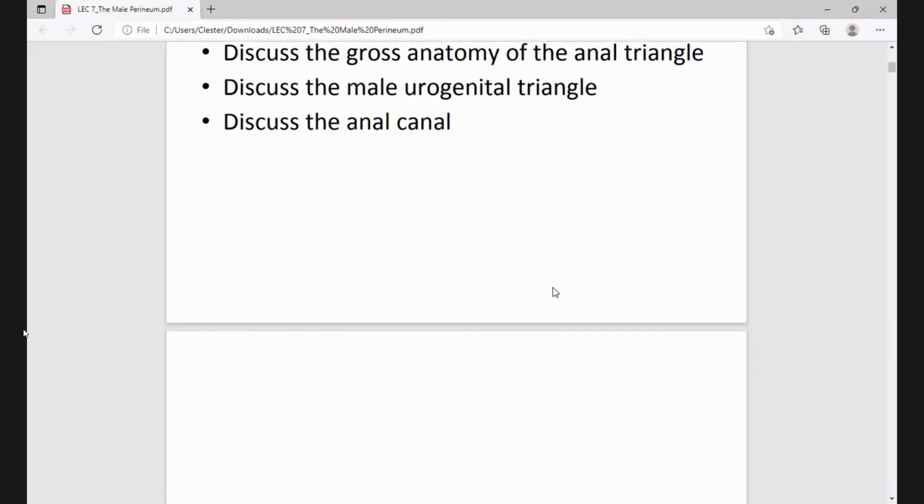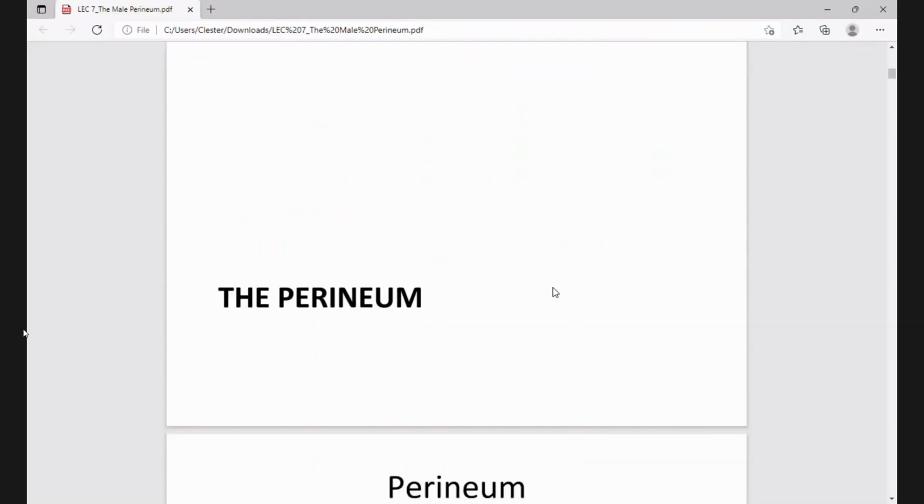So where do we find the perineum? It's basically the region of the body that is found in between the thighs. If you separate the thighs near their origin, you will see the perineum.